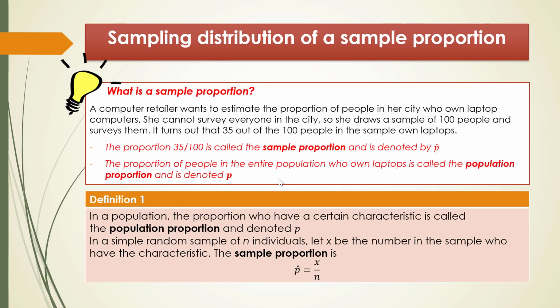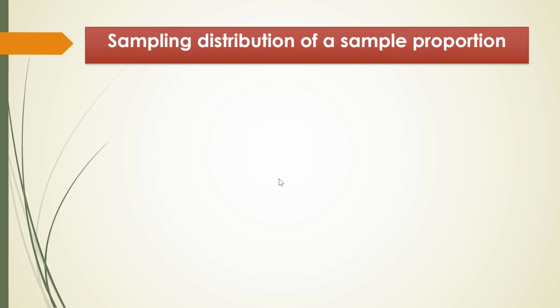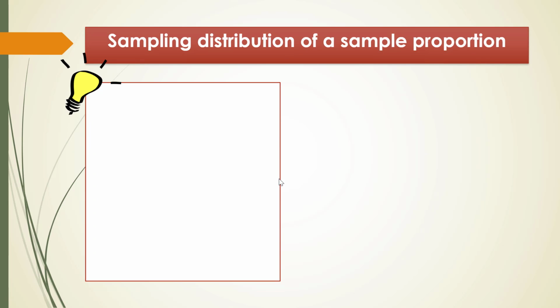So definition: in a population, the proportion who have a certain characteristic is called the population proportion and denoted by p. In a simple random sample of n individuals, let x be the number in the sample who have the characteristic. The sample proportion p hat is equal to x over n. So that is the difference between sample proportion and population proportion.